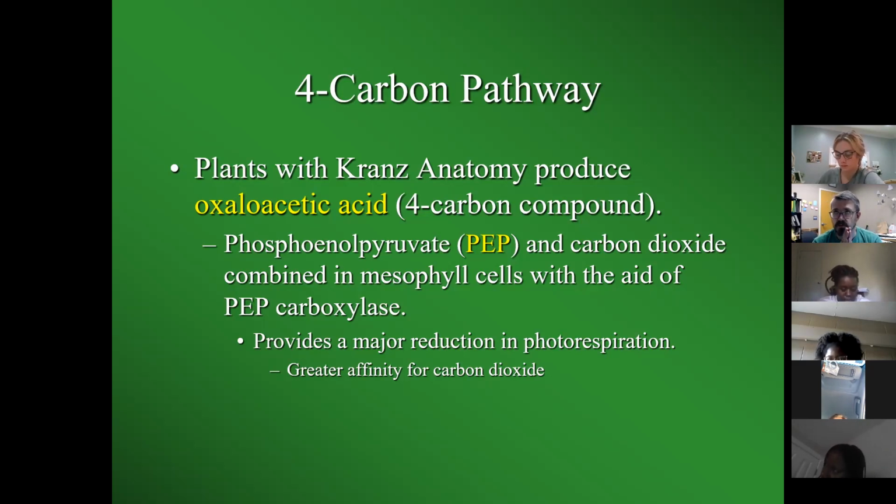So, carbon gets absorbed in the mesophyll cells into a 4-carbon compound and then transferred through the form of malic acid or malate. You may see it sometimes called malate, to the bundle sheath cells. Okay.